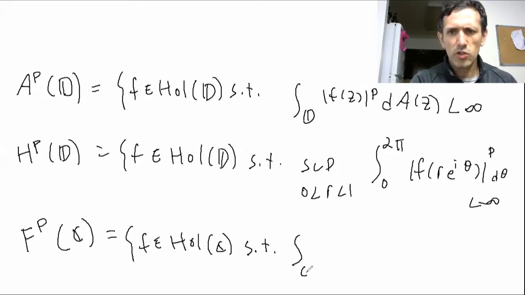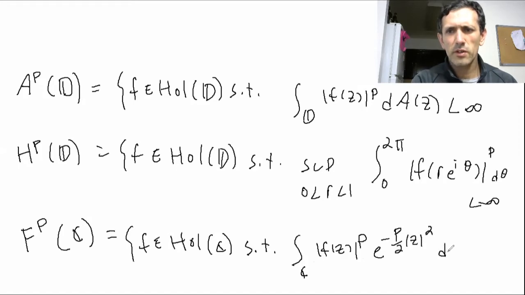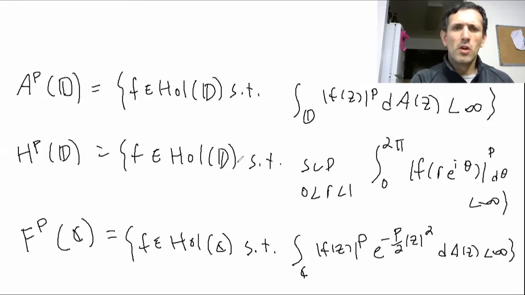But what's natural is you integrate against a Gaussian. So this here, this is over the complex plane, e^{-(p/2)|z|^2}, this is finite.